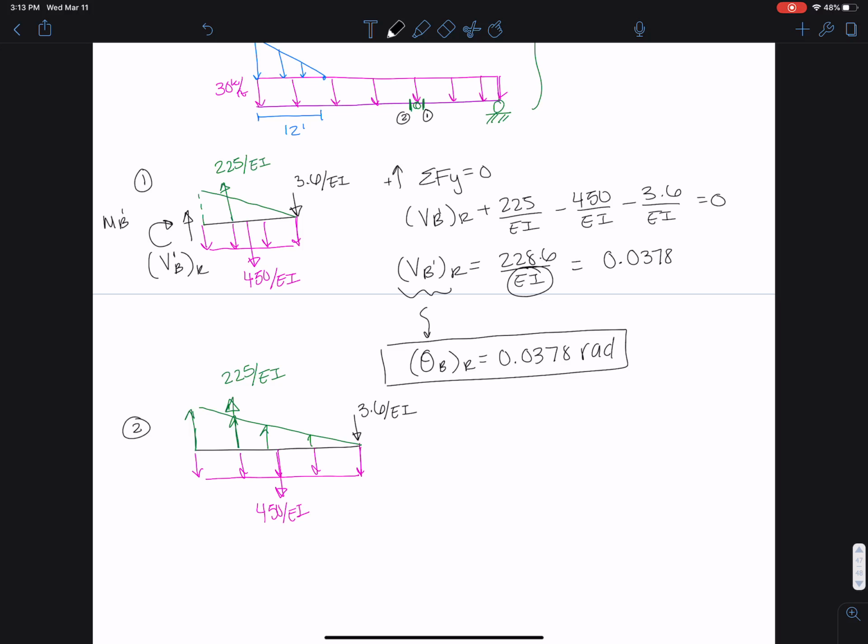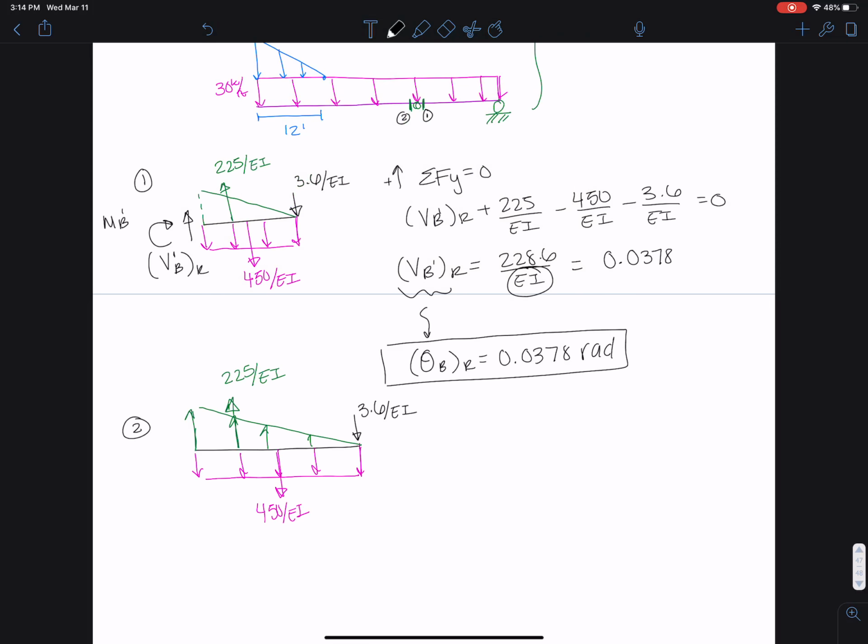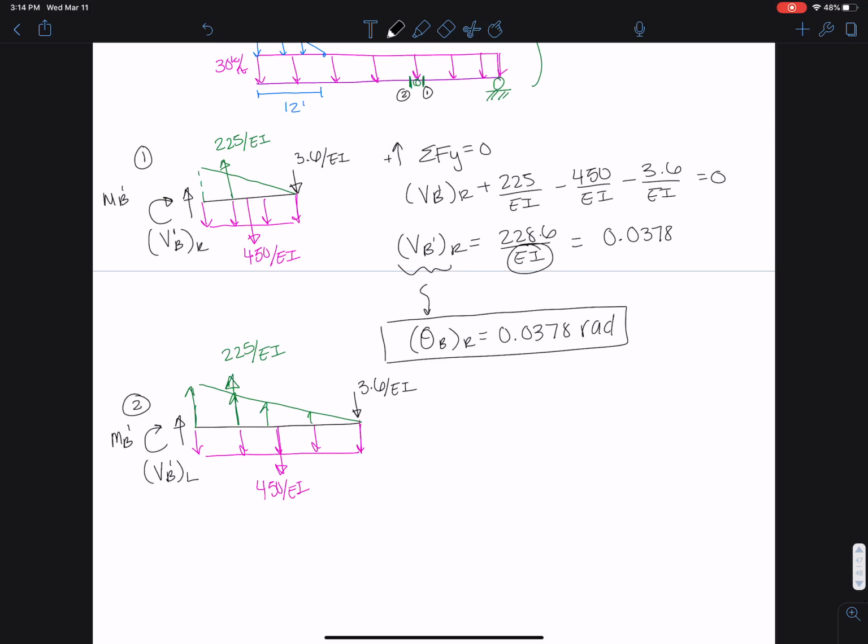And now I want to find this MB and VB to the left. Let me draw that in. So VB conjugate beam to the left, and of course this MB prime again.